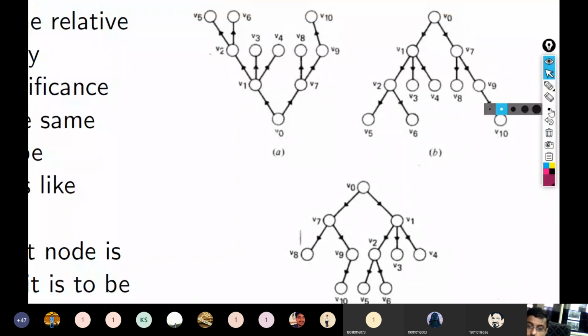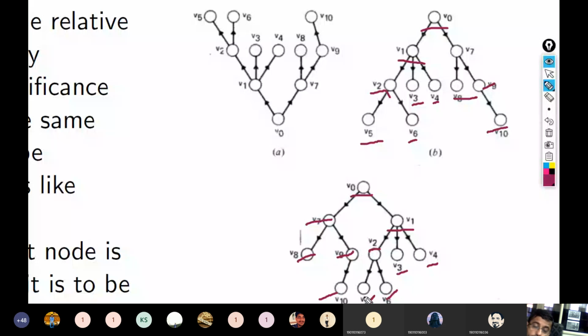So here you can see the node V0, then V1. V1 is taken here to this side, and V1 has V2, V3 and V4 as children. So V2, V3 and V4 are the children. V5 and V6 are the children of V2. V8 and V9 are the children of V7, and V10 is the child of V9.